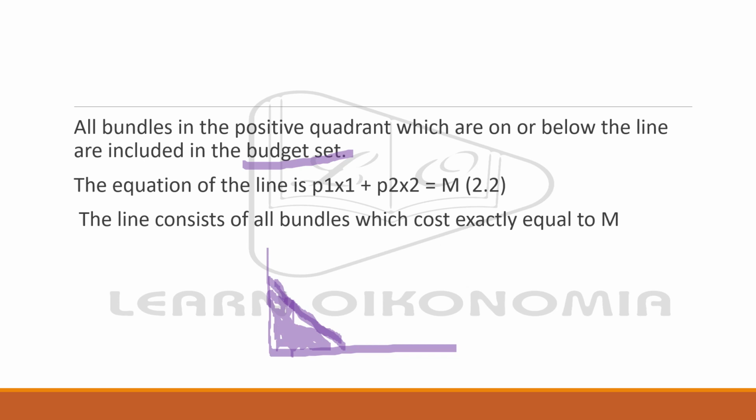Okay, so this is like your P1x1 plus P2x2 is equal to M. This is the equation of the line. The line gives you this equation, and the line would be consisting of all the bundles which would be costing you an amount which is exactly M. So this is what is shown by this particular line.